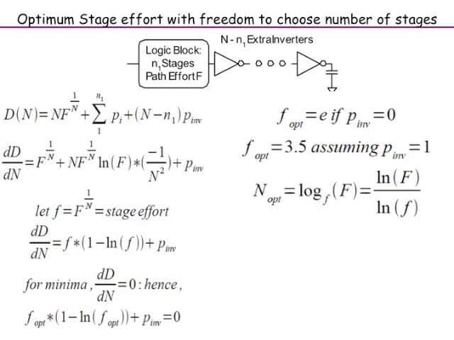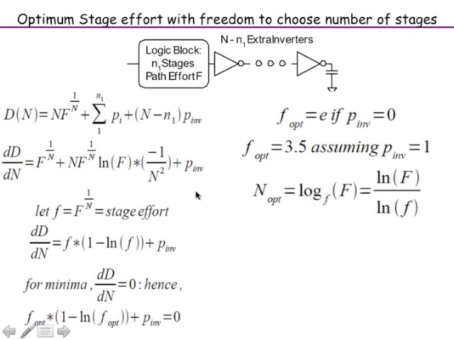It's just a property of the whole path, the product of the logical effort times the electrical effort. So F is a constant. What is a variable is the number of stages, and you just differentiate with respect to n. You get some equation like this. For example, here capital D by dn is F to the 1/n plus n times the derivative of this, which is log F times minus 1 by n squared, plus p.